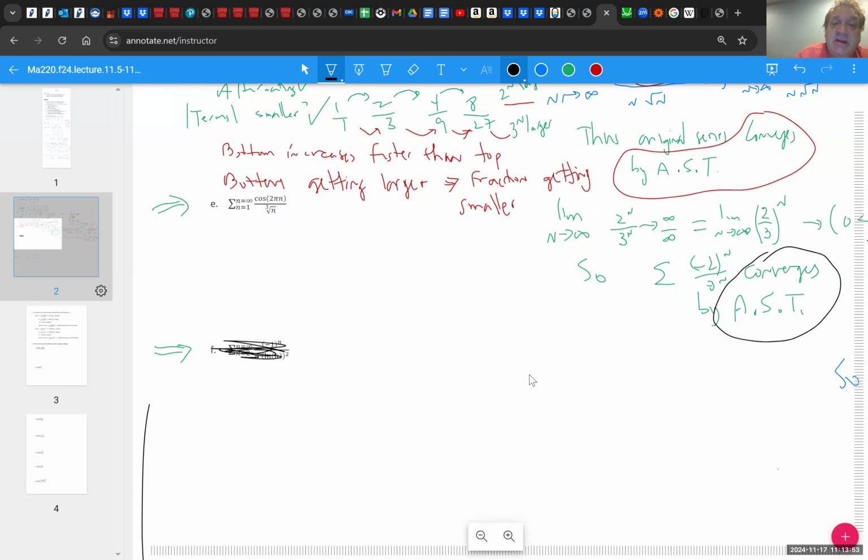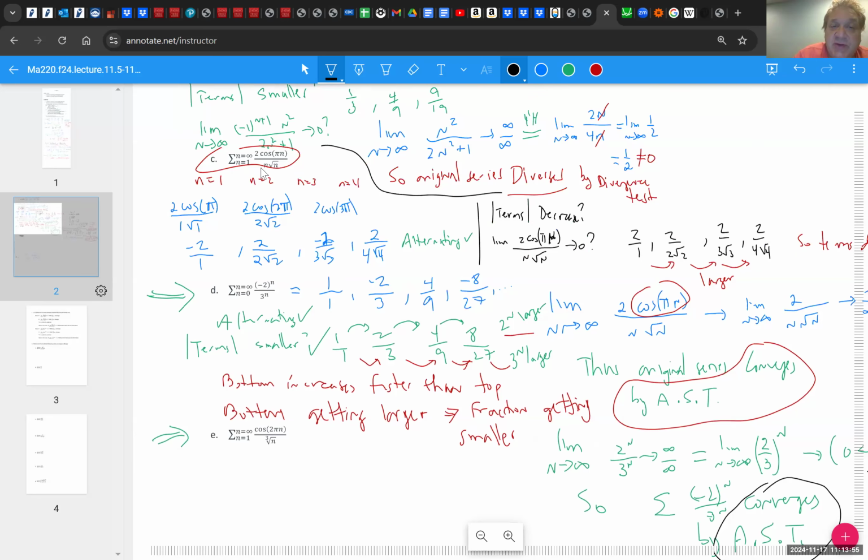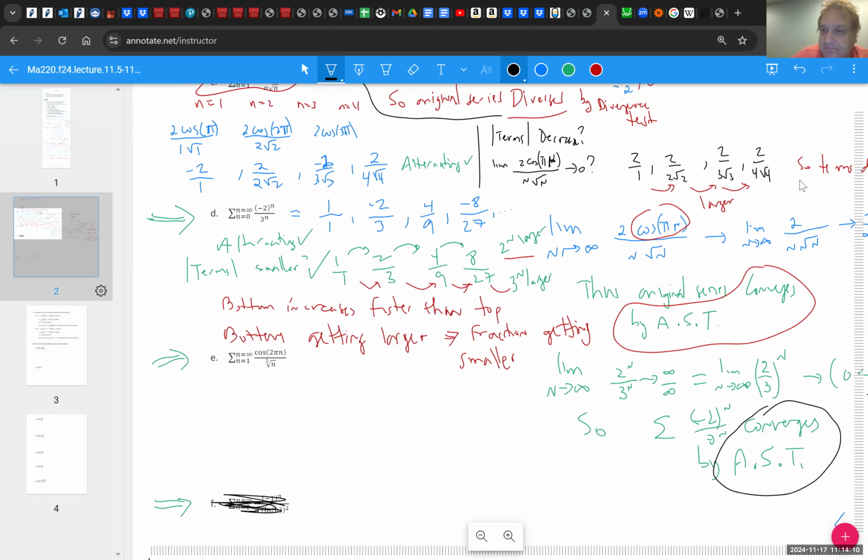You can see the cosine in there. We saw a previous problem with a cosine in there, and when we figured it out, it was positive, negative, positive, negative. So even though it doesn't have a negative 1 to the n, these trig functions oscillate back and forth, so they're good candidates for alternating series as well.